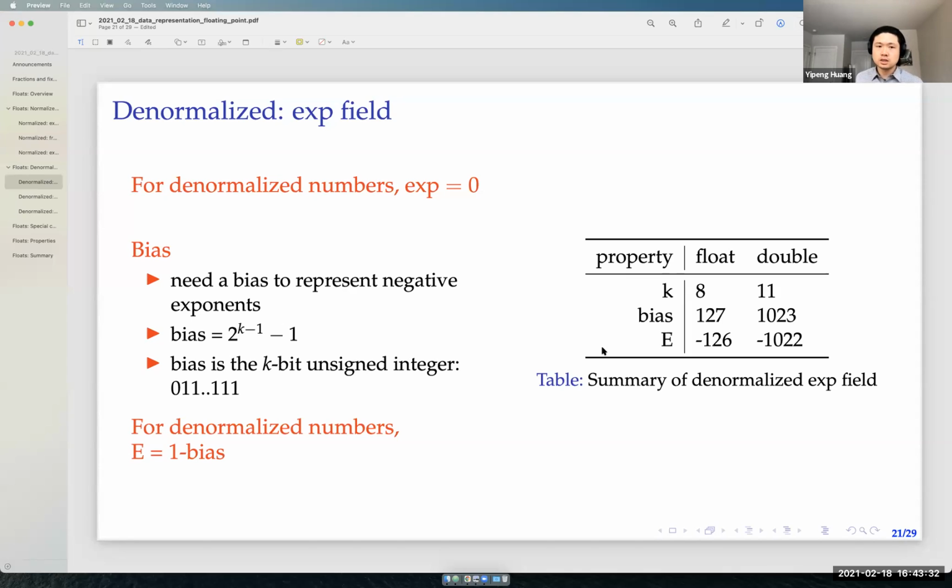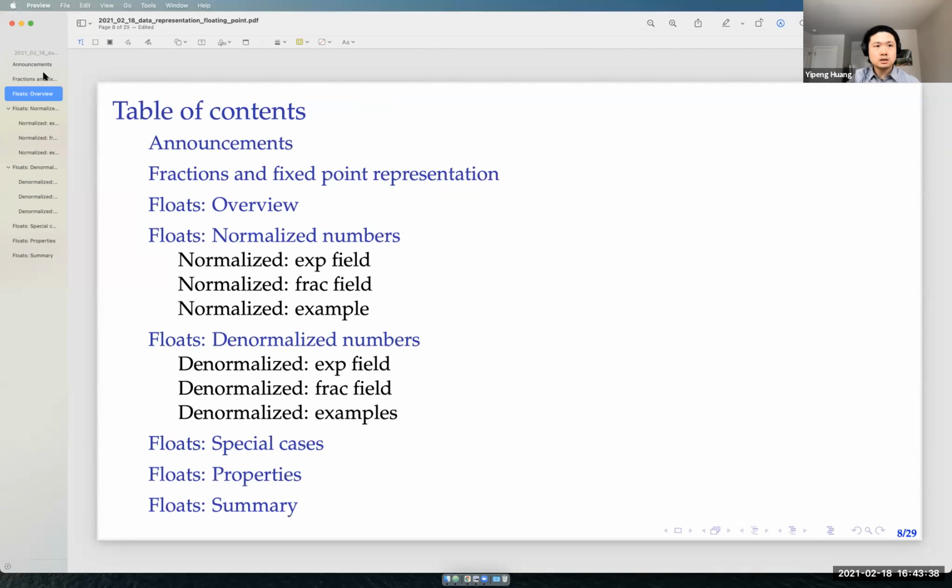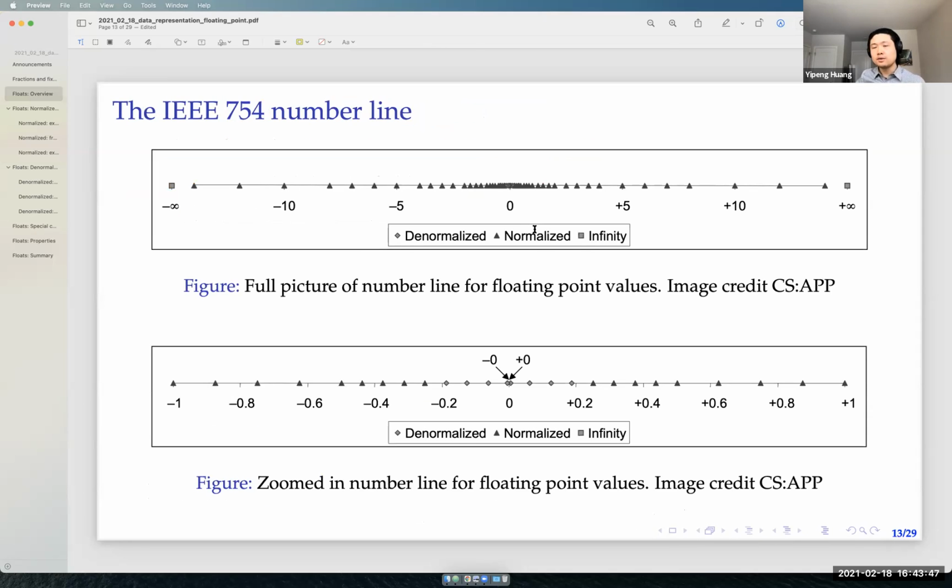And for that, we follow a different set of rules so that the number line around the number 0 is evenly spaced and covers the whole range smoothly.